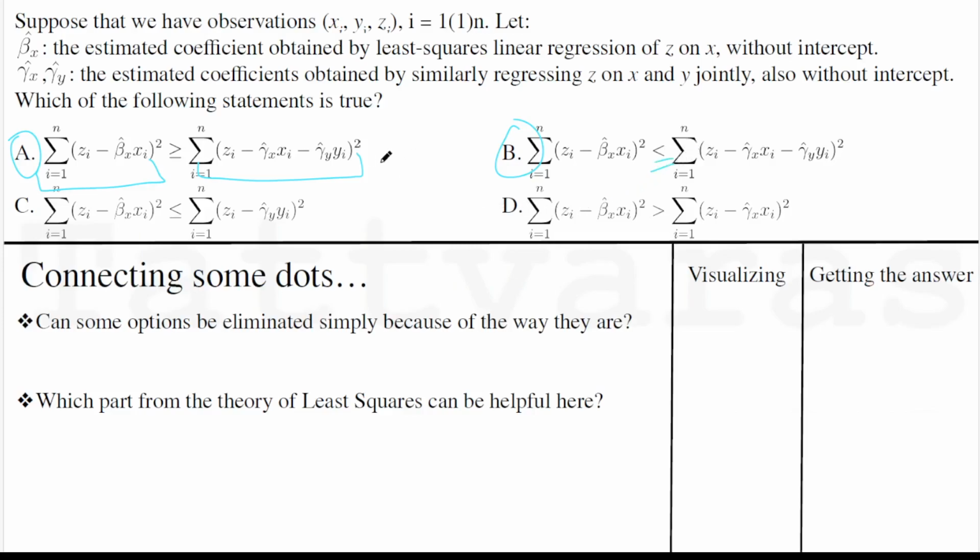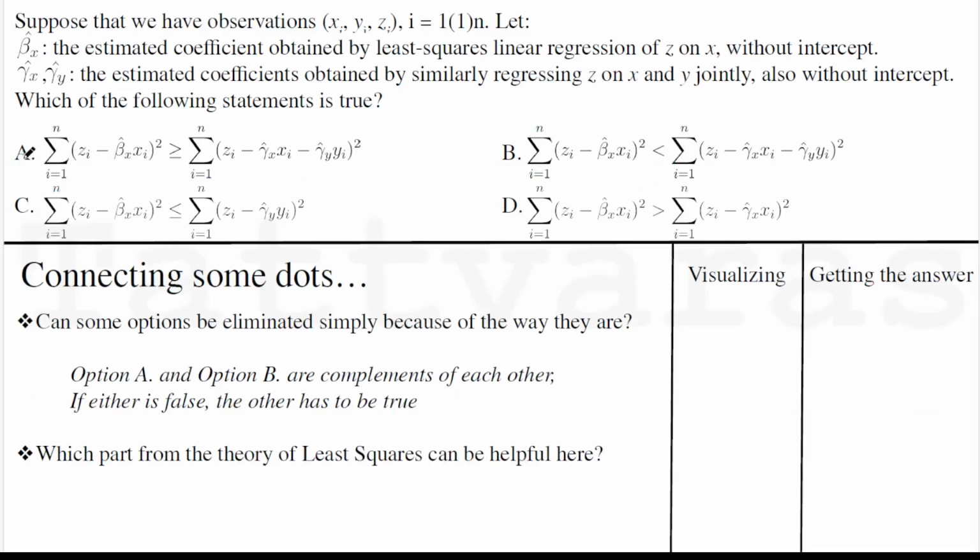Now, if option A is correct, anyway all the other options are wrong, that's fine. But if option A is incorrect, then the exact opposite of it has to be correct. That's how logic works. So in either case, the right answer has to be from one of the two.